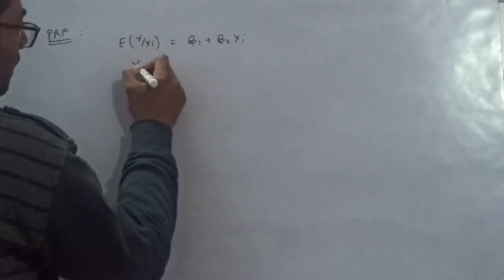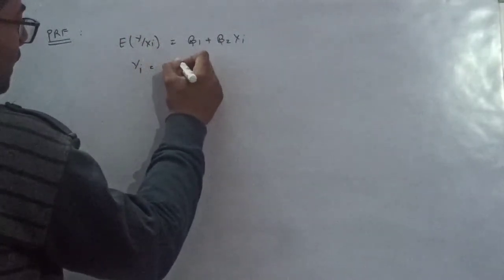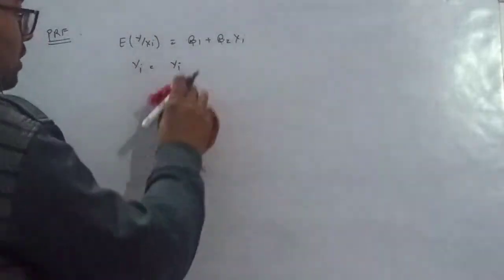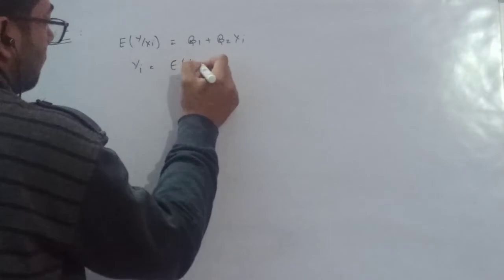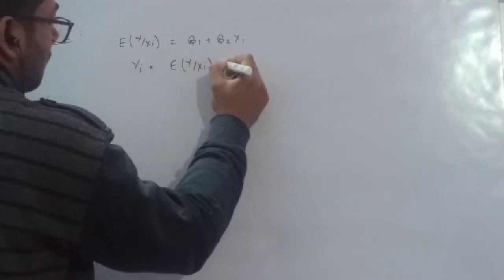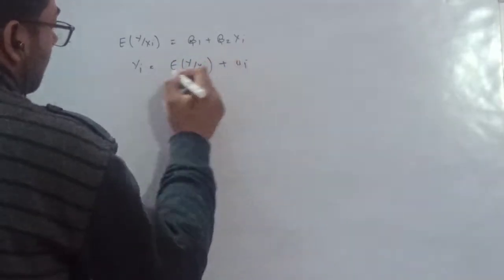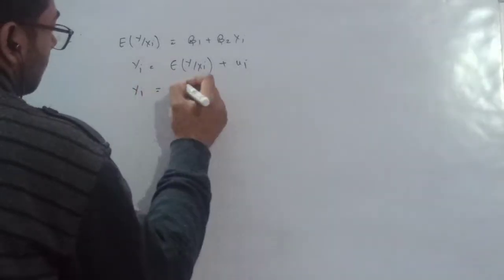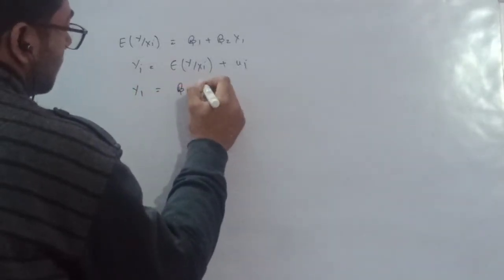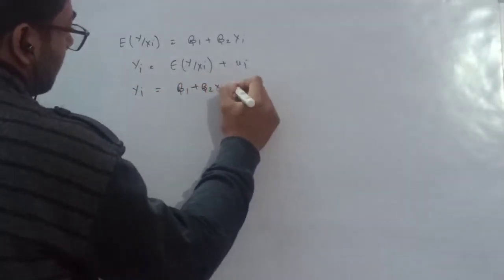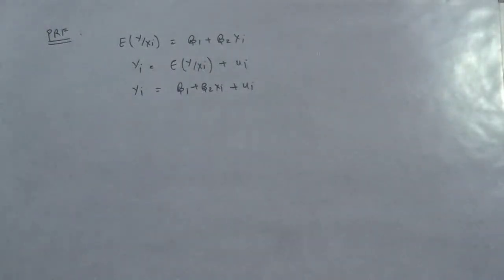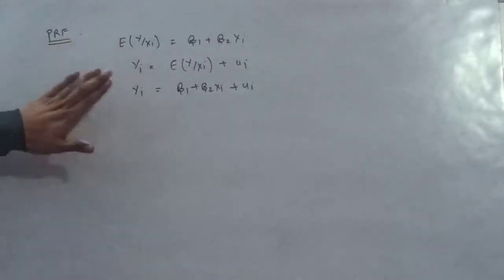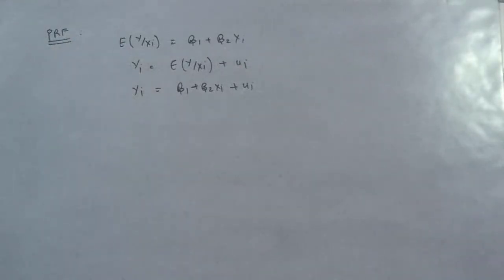Then Yi is equal to, sorry, the expectation of Y given Xi plus ui. Then we can also say it is beta 1 plus beta 2 Xi plus ui. We derive these three things in the population regression function.